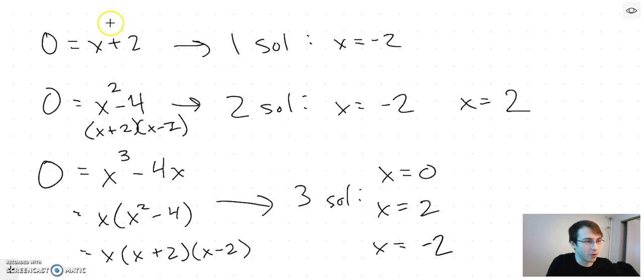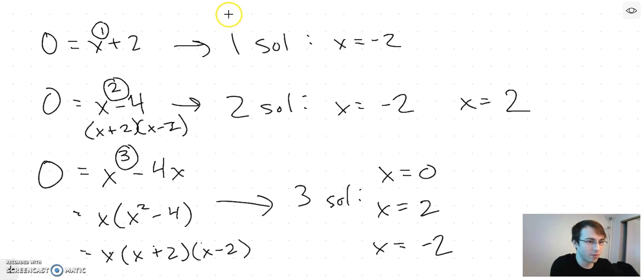So the degree, x to the 1, the degree kind of tells you how many factors it can have. X to the 1 just has 1 factor. X squared can have 2 factors, 1, 2. X cubed can have 3 factors, 1, 2, 3. And that tells how many zeros it has.